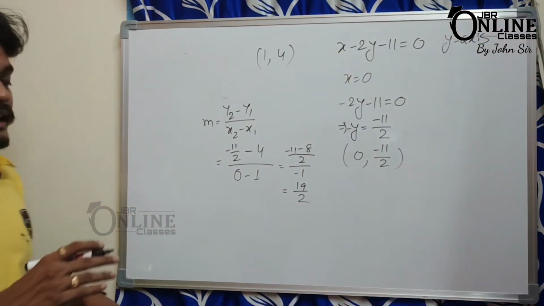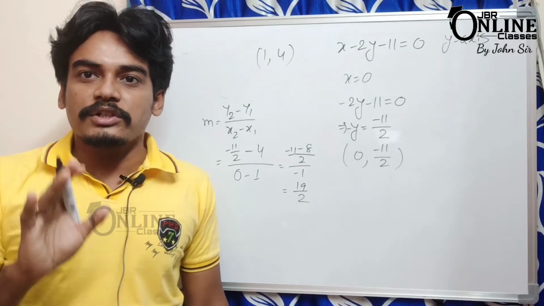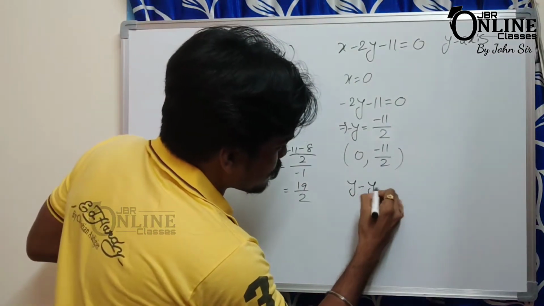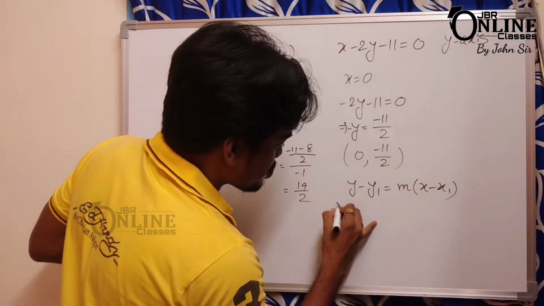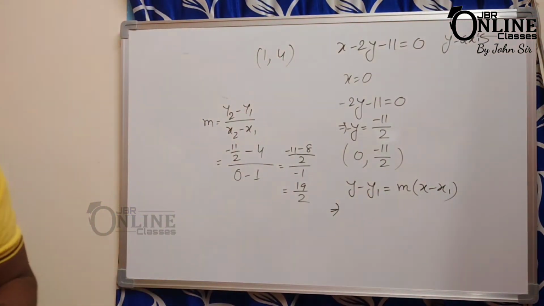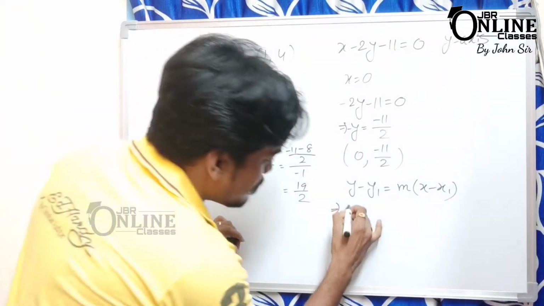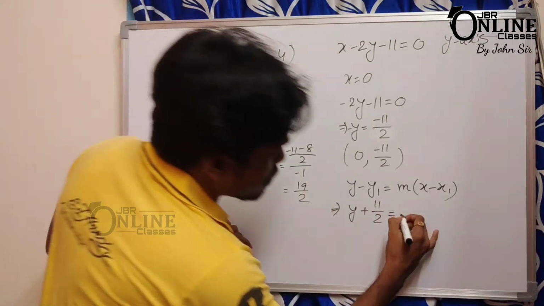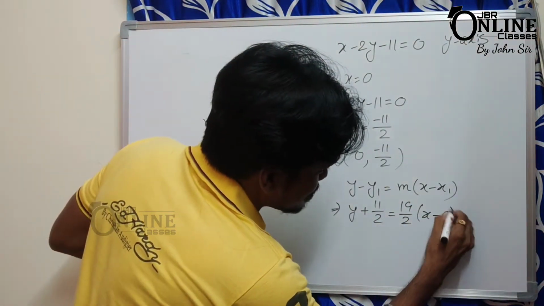Now you have to find out the equation of that line. So here the formula is y minus y1 equal to m into (x minus x1). The value of y1 is minus 11 by 2, so y minus y1 means y plus 11 by 2, the value of m equal to 19 by 2, and x minus x1 means x minus 0.